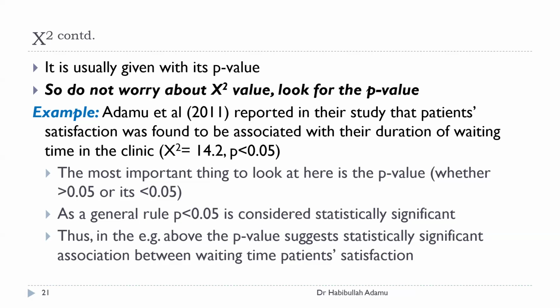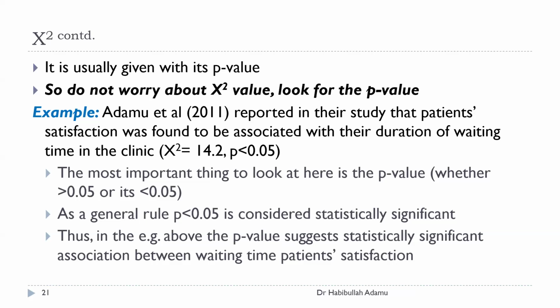If it is less than 0.05, you conclude that your observation is significant. If it is 0.05 or above, you conclude that your observation is not significant. So it depends on what your observation is. If you are testing for association, and then you see your p-value less than 0.05, then you conclude that what?